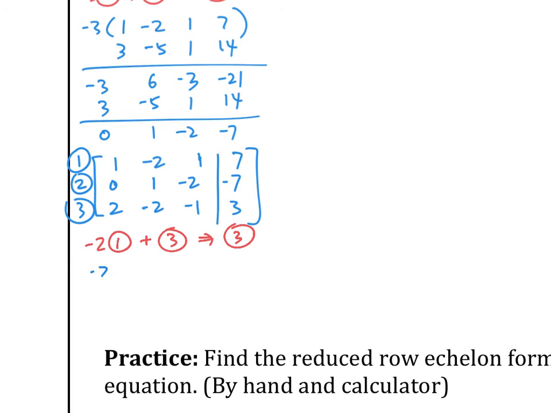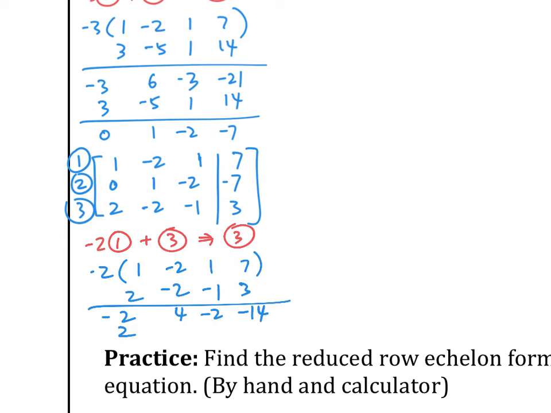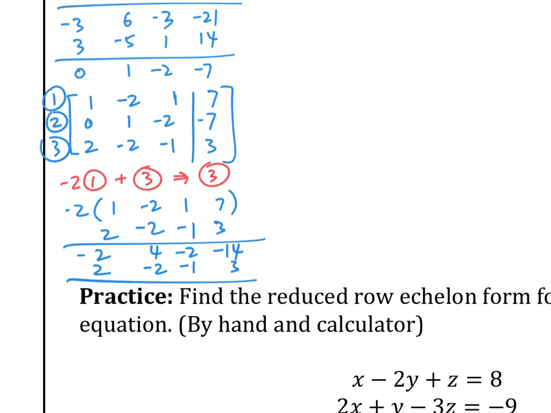Okay, so -2 times all the elements in row 1, add to row 3. This is where you have to be very careful and not make a very simple calculation mistake, because every place that you make a mistake, it's impossible to get to the answer.